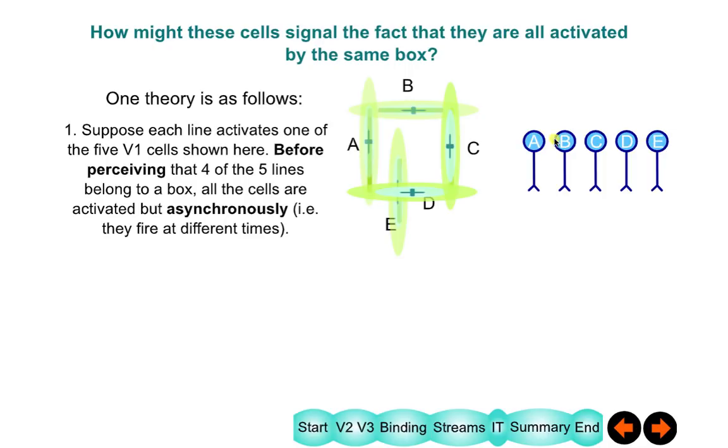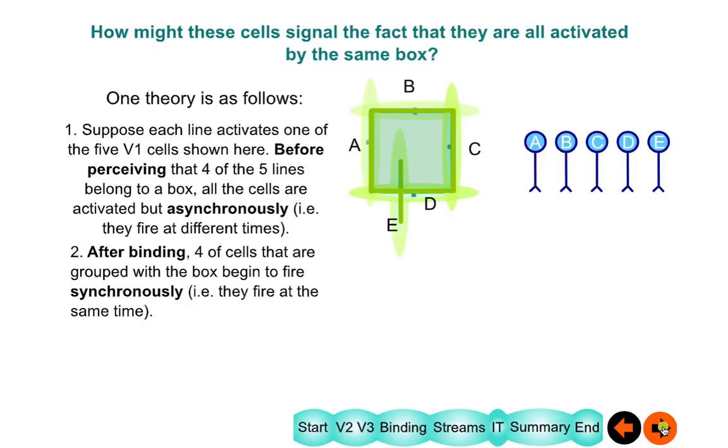And when the brain decides that, when it's looking at it, you can see these 4 cells. It's undecided which belongs to which. So they are all firing asynchronously at different times. But at some point, a decision is made that these 4 lines belong together. So this is a higher area, either V2 or V3 makes that decision.